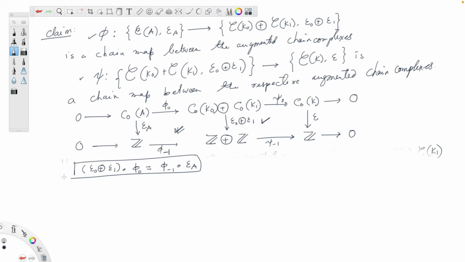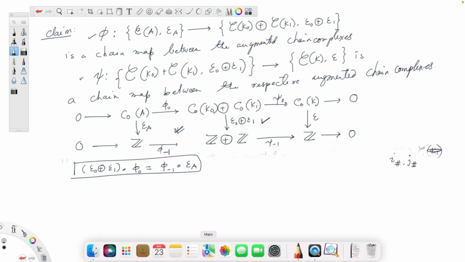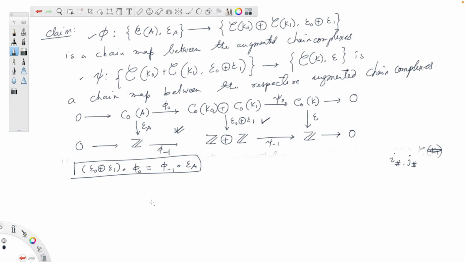Okay. So now the first thing to note is that this map I hash, and the map J hash, they can be easily seen to be augmentation preserving. Okay, so what does it mean by augmentation preserving maps? It means that the following two diagrams are commutative.